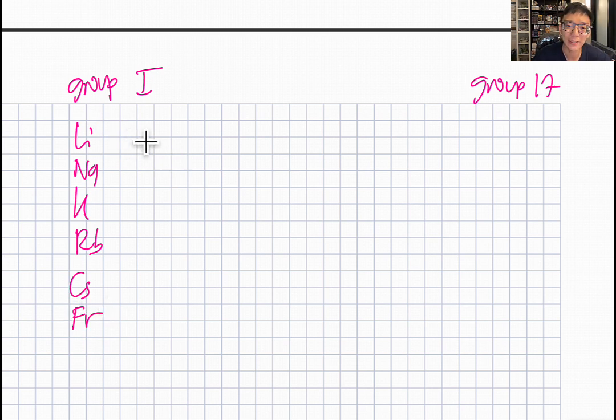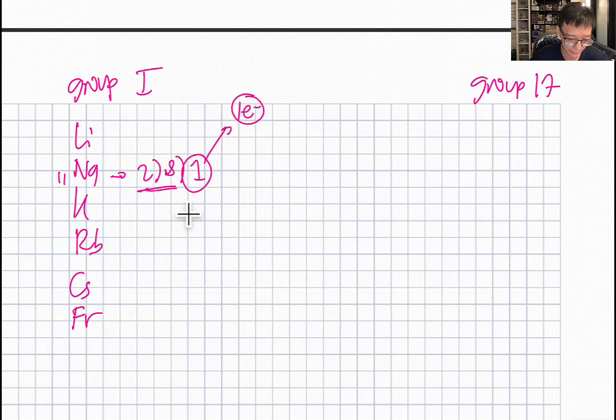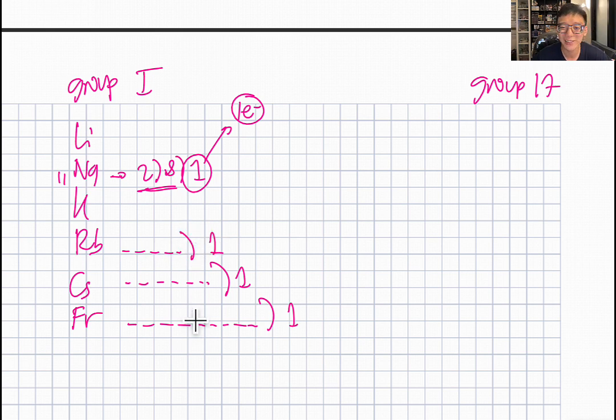Group 1 typically likes to release 1 electron, because in their metal form, let's say this here, 2, 8, 1, they would release 1 electron so that they become stable, 2, 8, with all the electron shells full. Now, if you see, the more down you go, the longer the radius is. So it's easier and easier for group 1 metals to release 1 electron if you have a bigger atomic radius.